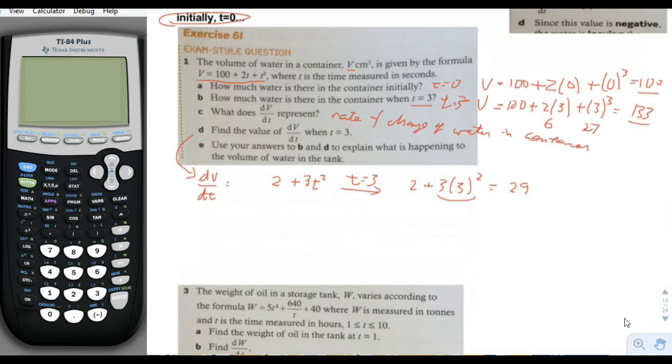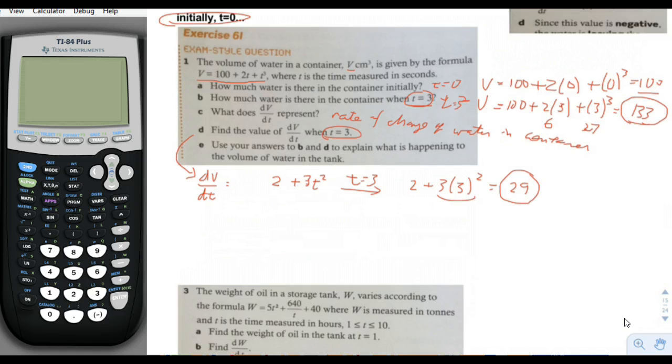Use the answers to B and D to explain what is happening to the volume of water in the tank. In B, we said that when t equals 3, the volume is 133. When t equals 3, we said dV/dt is 29.